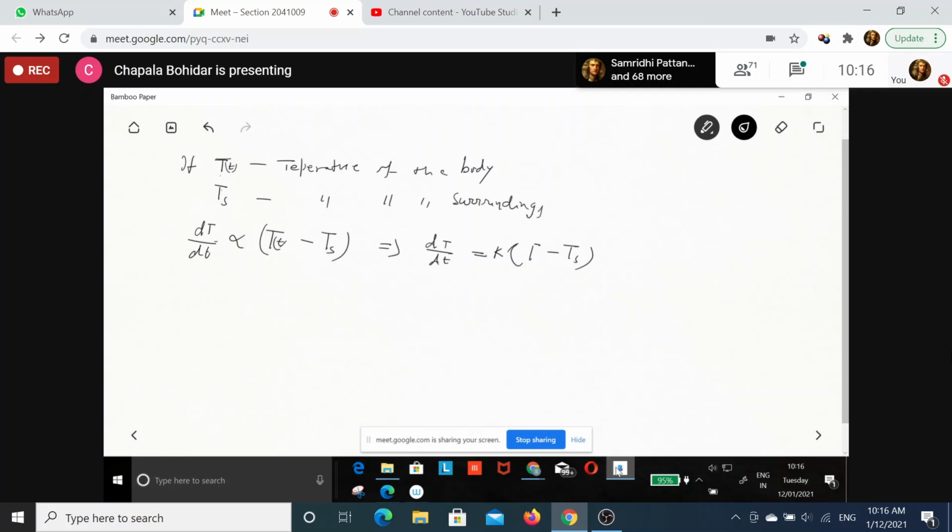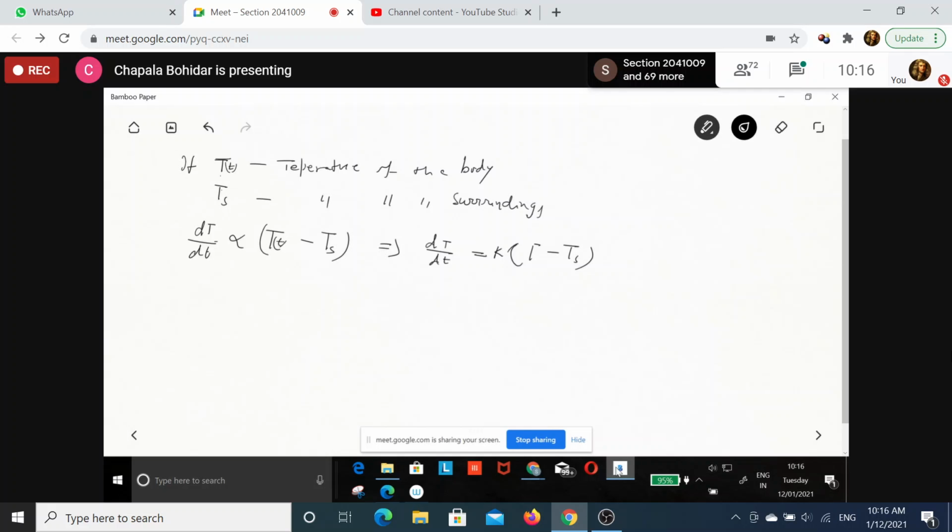What is k? k is our proportionality constant. Though it is Newton's law of cooling, k is a negative constant; when we solve our problem, we get the value of k as negative.